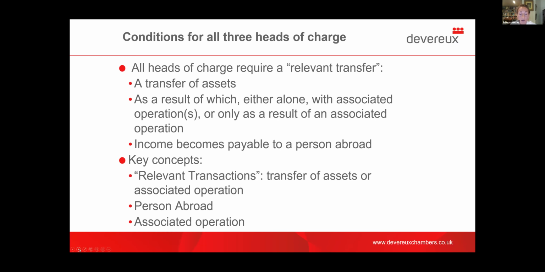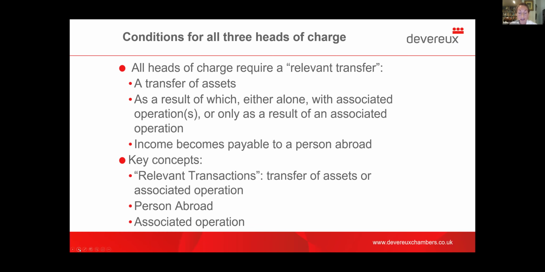So in order for there to be a relevant transfer, there must be a transfer of assets. I'll come on to the meaning of that. There must be income arising to a person abroad, and I'll come on to the meaning of that, and the income must arise as a result of the transfer or associated operations, or both the transfer and associated operations. And I'll come on to the meaning of associated operations too.